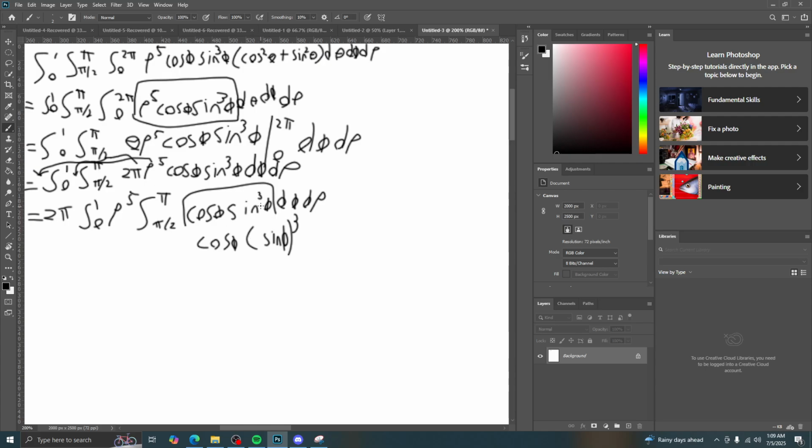But if you weren't able to recognize that sine phi is the u, then it's worthwhile, at least for a bit, to write trig functions raised to an exponent with parentheses around the whole thing, because it's much easier to recognize that this is going to be the u here.